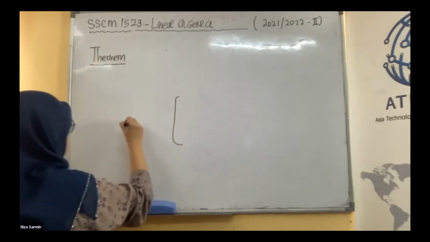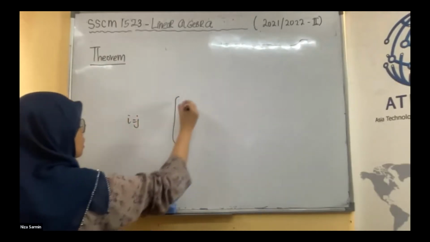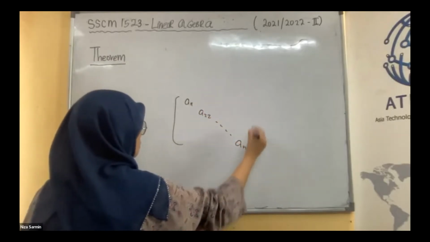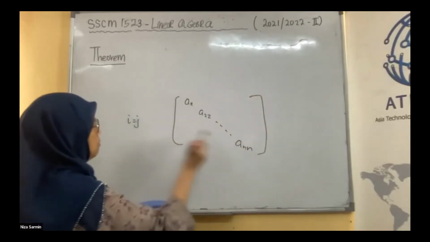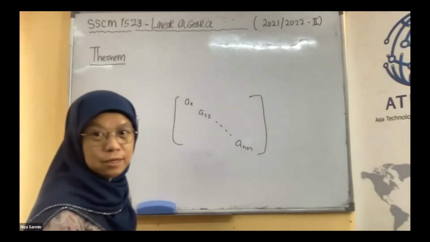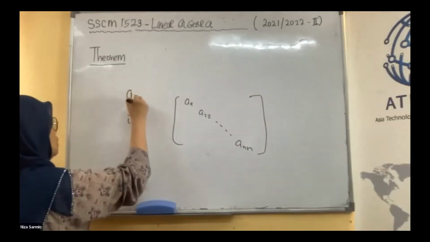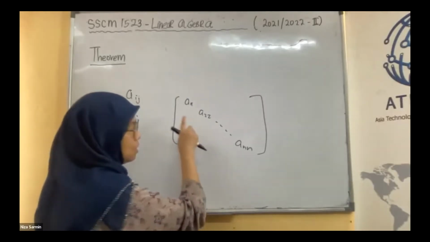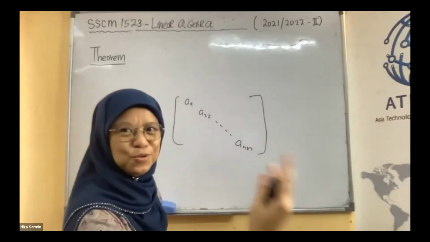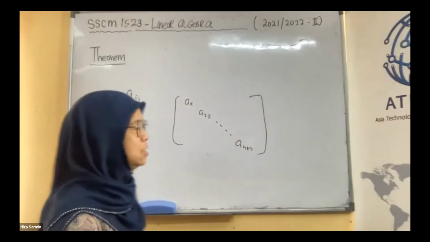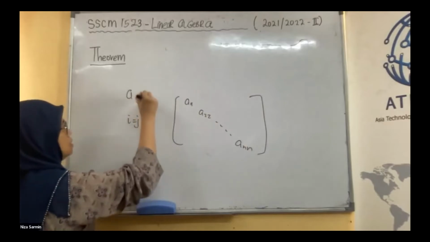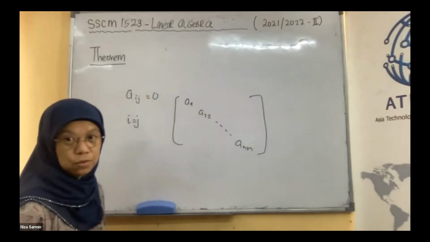When i equals j, this is talking about the diagonal. That is what it means by i equal j. For aij, when i equals j, that gives the diagonal 1, 1, 2, 2, and so on. So this symbolizes the diagonal. When i is j, this is 0.